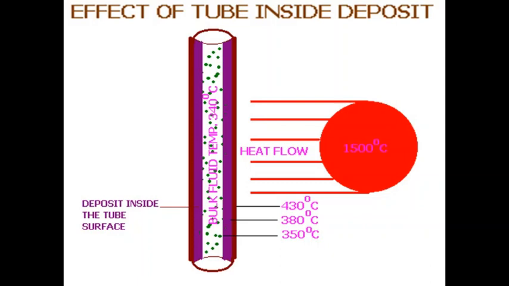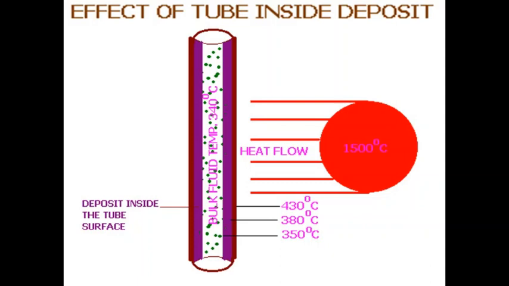And the bulk of the fluid is at around 340 degrees centigrade. So you see how the temperature gradient changes gradually in the process of heat transfer, and how that is affected differently when some impurities come in.